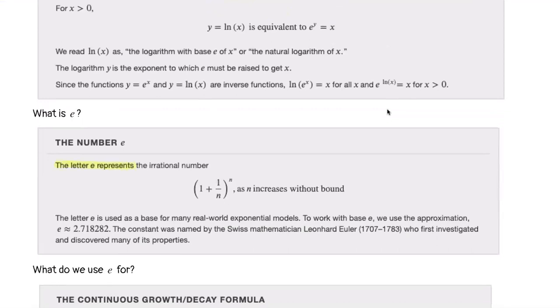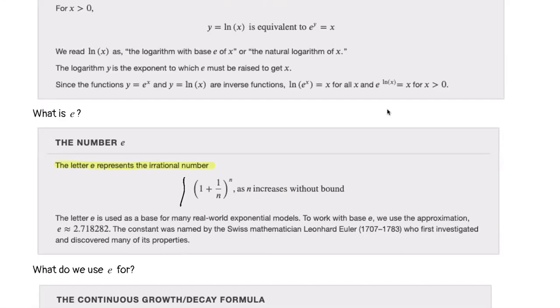e is an irrational number, meaning it's kind of like pi, where it keeps going forever and ever, and there's not quite a real pattern to it. So it's hard for us to write out every single digit.